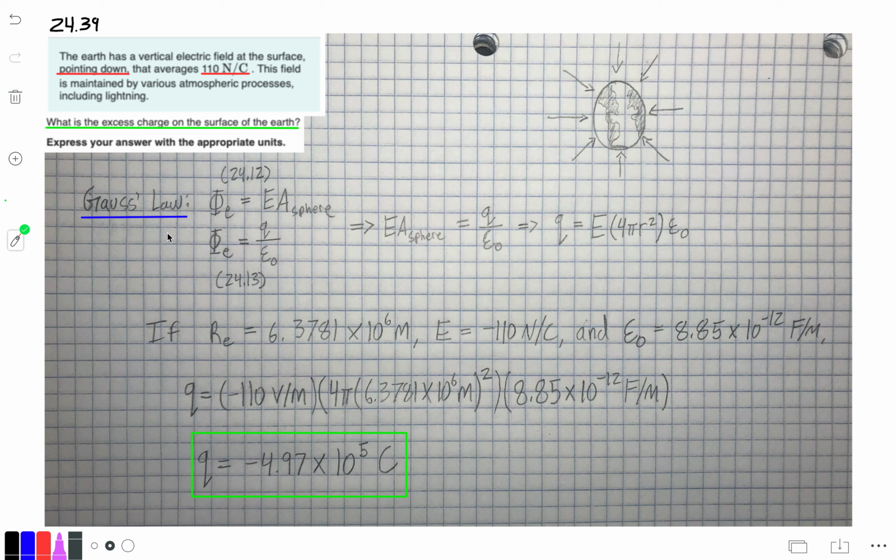So starting off, we want to note Gauss's law. So Gauss's law, in our case, as mentioned in chapter 24.4, specifically these problems, or these examples, we have our electric flux given by phi E as the electric field times the area of the sphere.